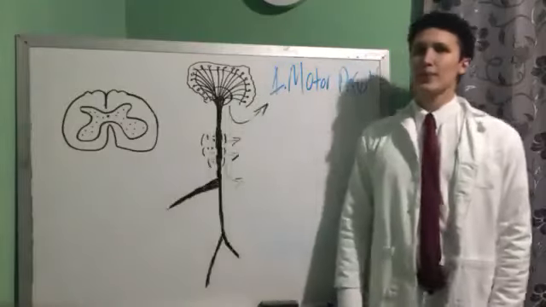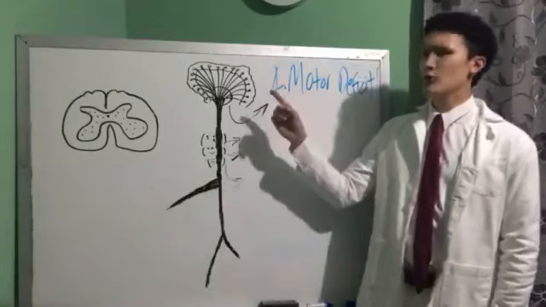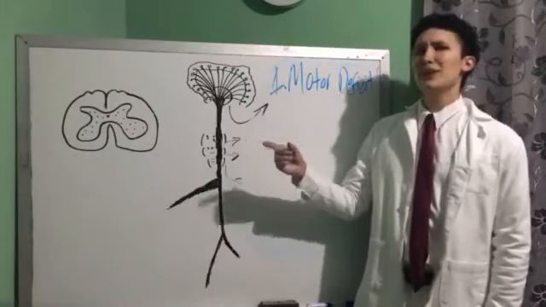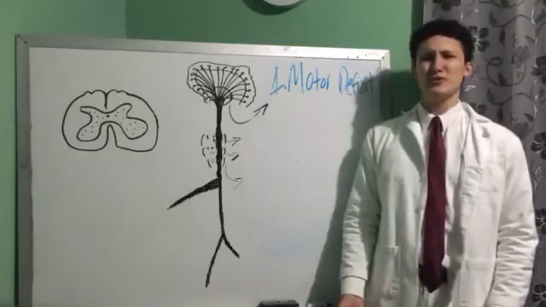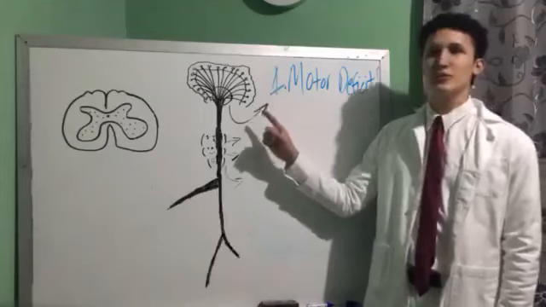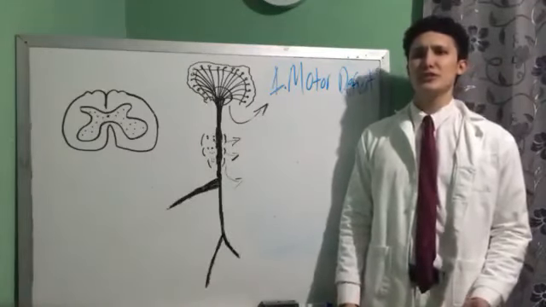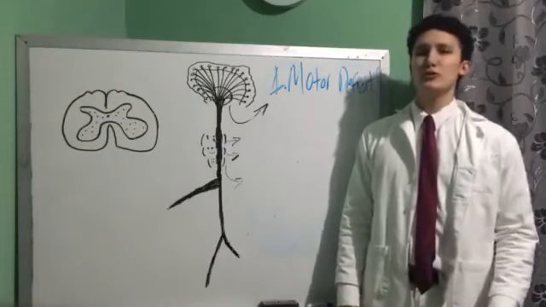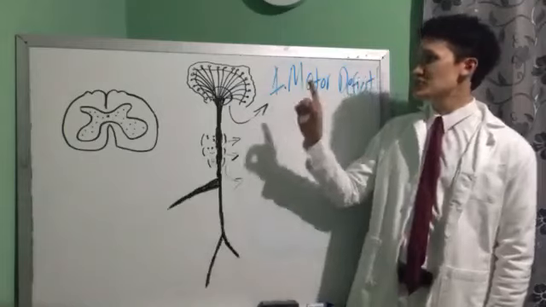Now, this means that any injury that affects the frontal lobe or the brainstem is basically going to give us a contralateral motor deficit. Now, why contralateral? Because it occurs before the pyramidal decussation, okay? Now, if an injury were to occur after the pyramidal decussation, let's say at the level of the spinal cord, then that's basically going to give us a deficit on the same side of the lesion.